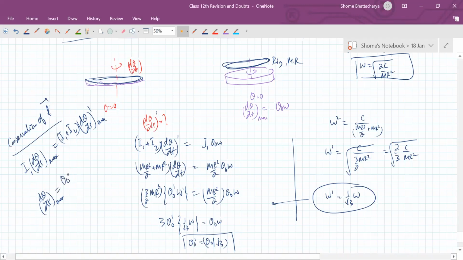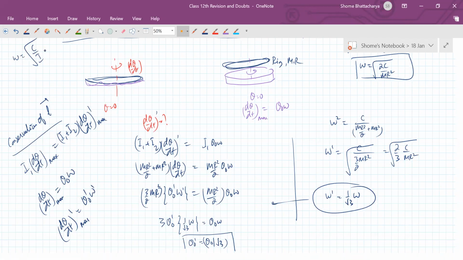So this is equal to theta naught into omega, whereas the new value of d theta by dt max becomes the new value of angular amplitude into new value of angular frequency. And angular frequency is square root of c divided by I. When you have a torsional pendulum or torsional wire or a coiled spring, that kind of situation, the c is that constant.